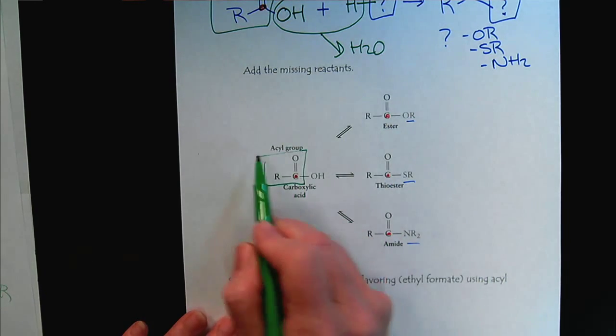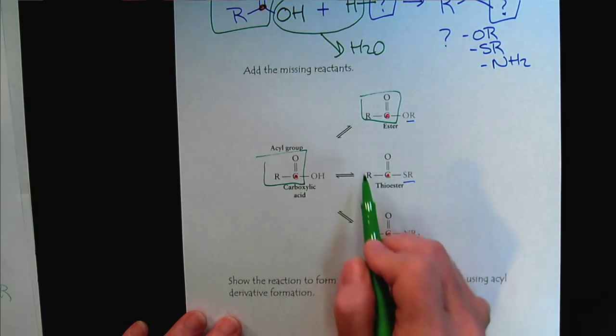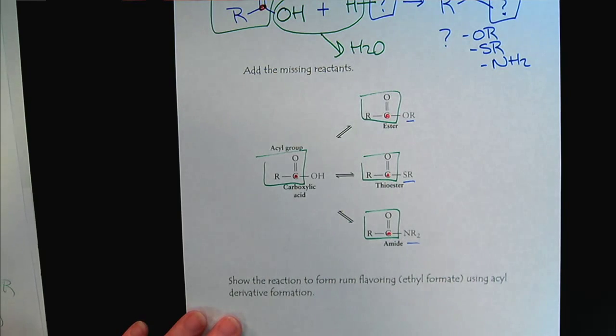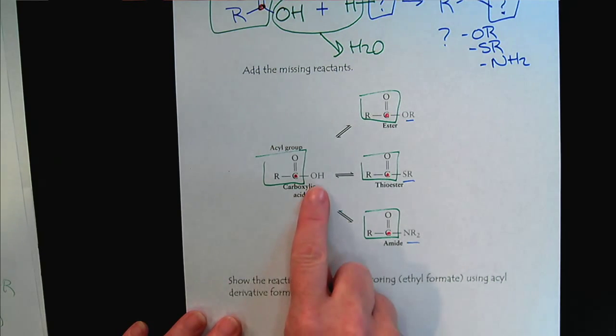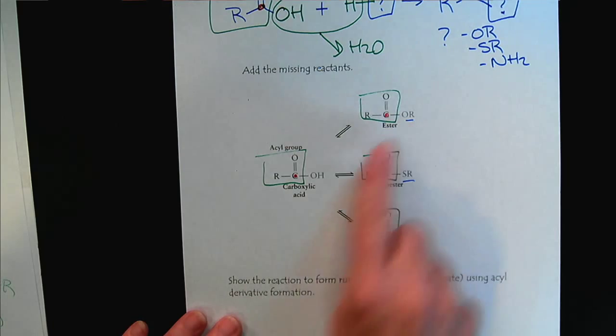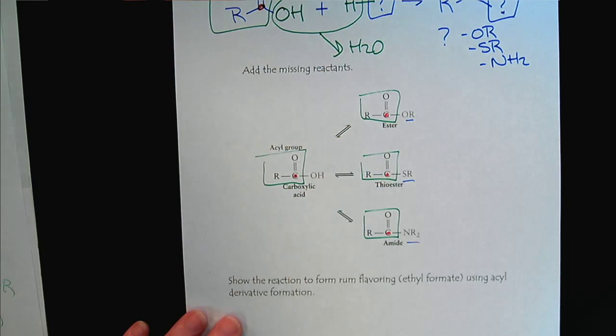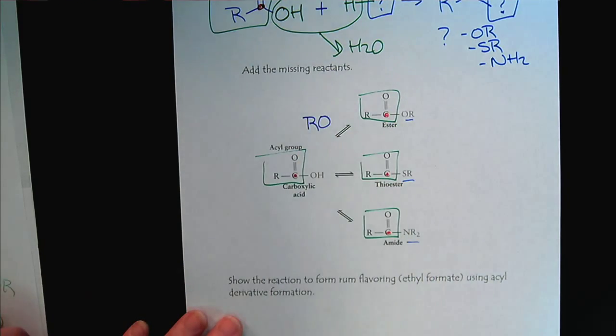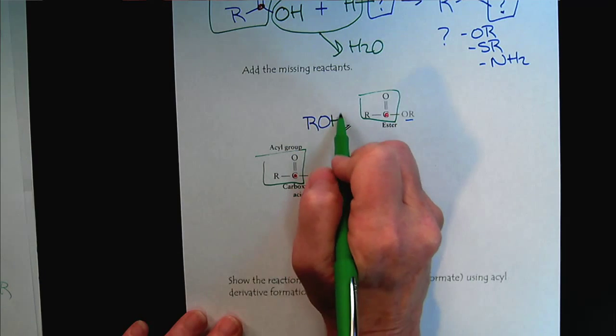And I know that this part remains the same for each reaction. So to me, that's a good starting point. And now we look, what's the same, what's different? So we're replacing a hydroxyl with a carboxyl. So that would be our flag that we would need an alcohol, right?